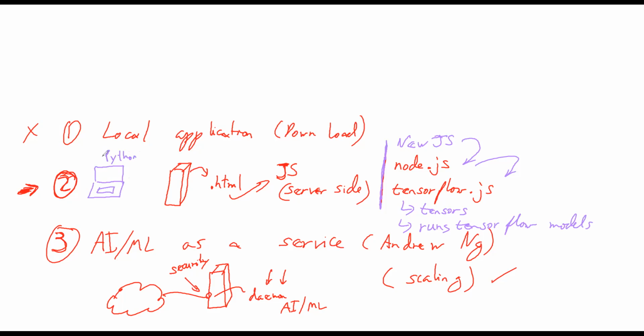Once the code is finished and you've tested it, you have the option in Python to save the model. You save it as a .h5 file. That's it, you create this file called .h5.